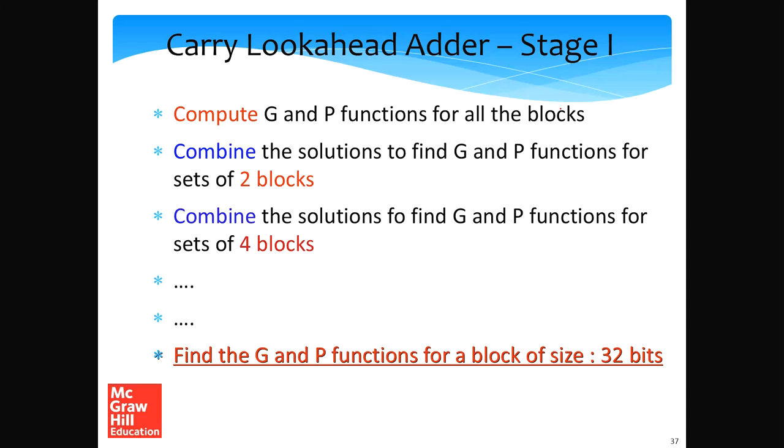Let me explain this. If we have A and B, and A contains 32 bits and B contains 32 bits, let's consider each bit pair. Initially we compute the generate and propagate functions for each bit pair, and then we create a multi-bit system where we compute it for two bit pairs.